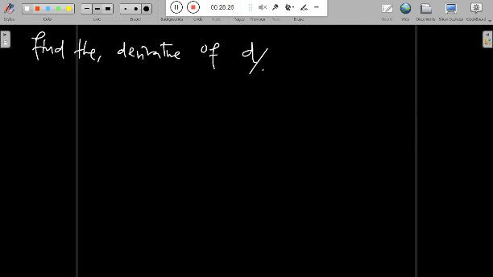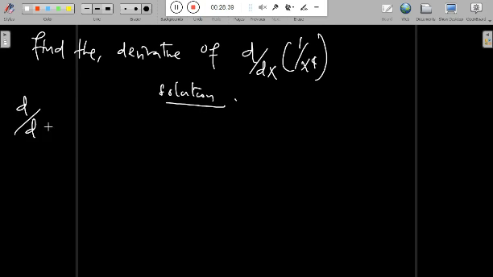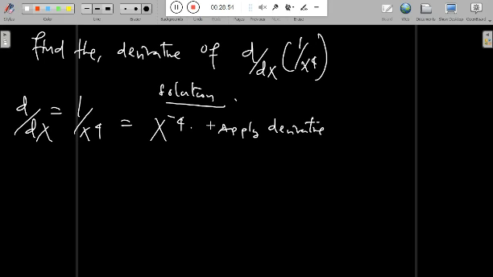It will be better now we go quickly through the last example. Find the derivative of d over dx of 1 over x raised to the power 4. From this particular function, first of all we transform the function to its inverse. That will be equal to x raised to the power of negative 4. Then we apply the derivative. It will be equal to negative 4x raised to the power of negative 4 minus 1.